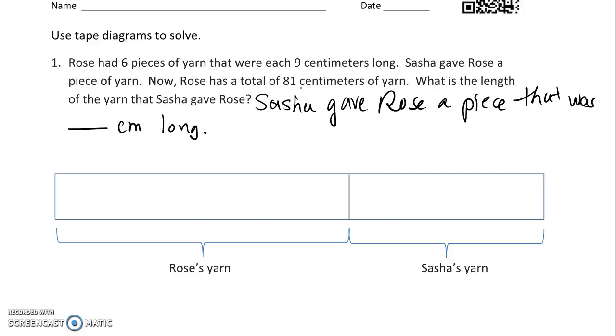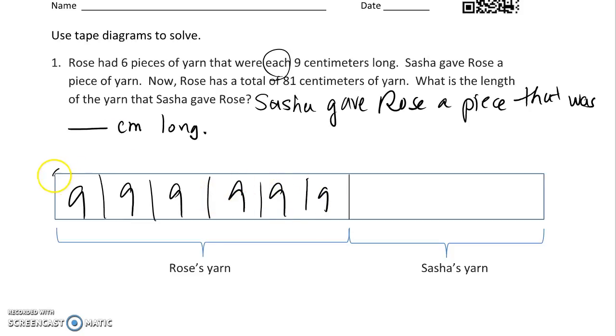All right, so Rose had 6 pieces of yarn. They were each 9 centimeters. So let's show her 6 pieces. That's 6 pieces, and they're 9 centimeters. I got that from the first sentence.